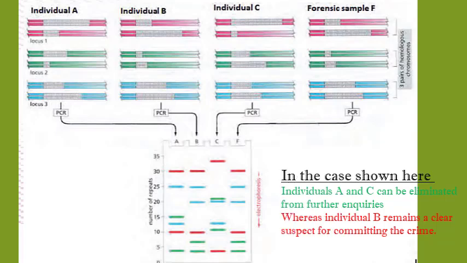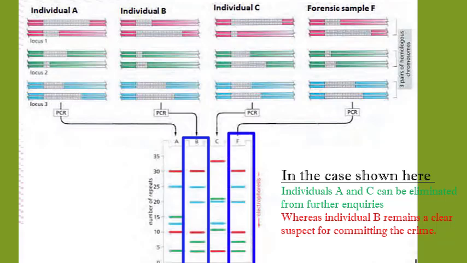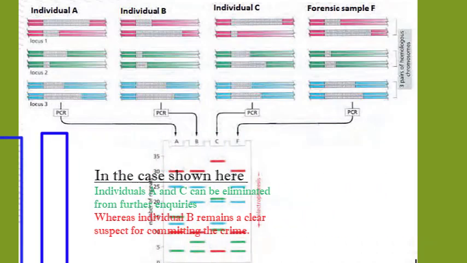So individual A and C can be eliminated from further inquiries, whereas individual B has the same pattern as individual F. This indicated that the DNA-containing cells of forensic sample F, which was found on the body of the victim, were individual B's cells. So individual B remains the clear suspect for committing the crime.